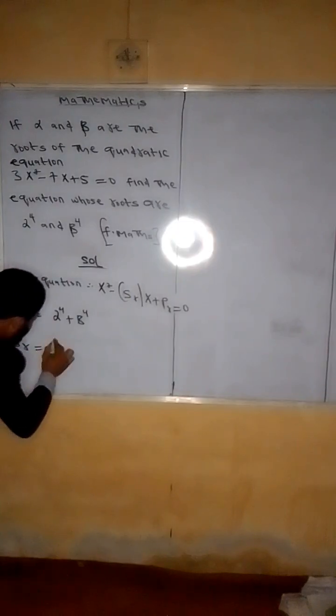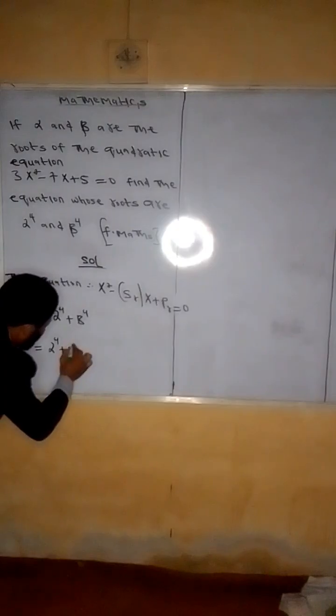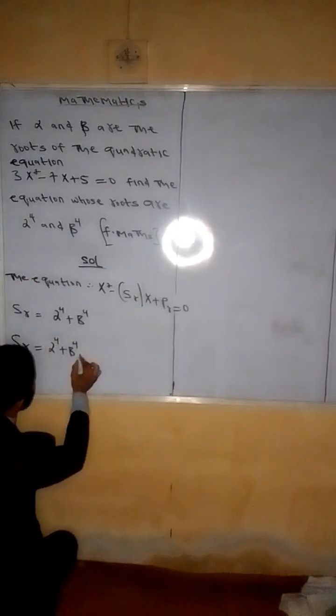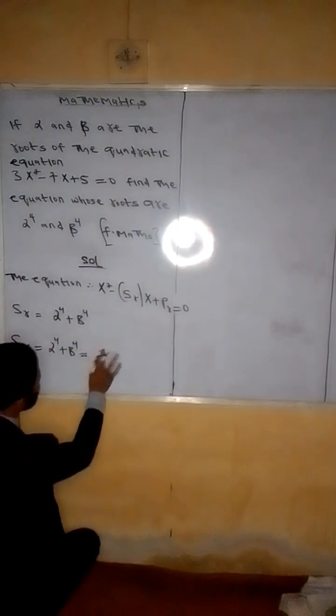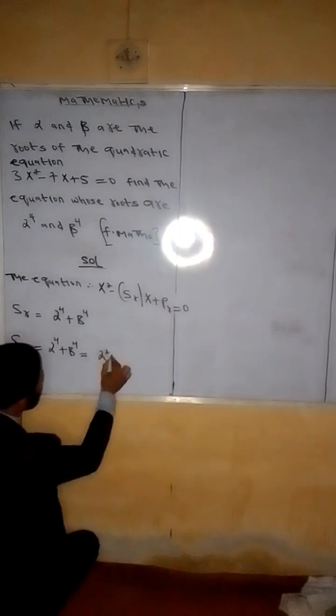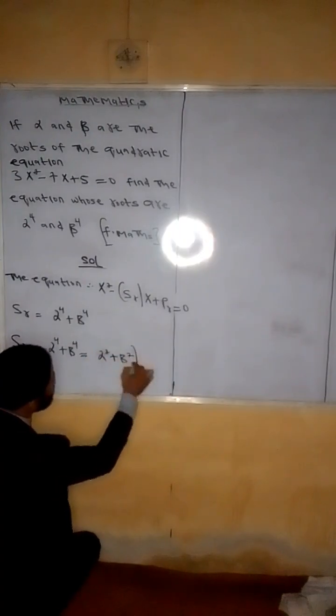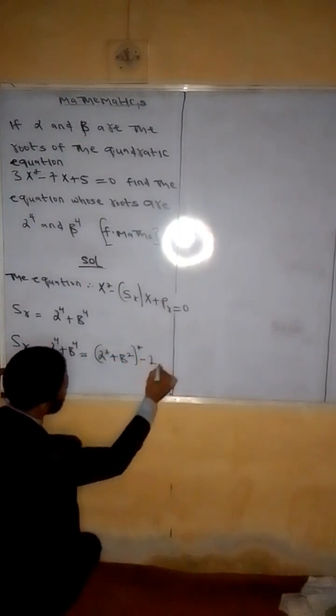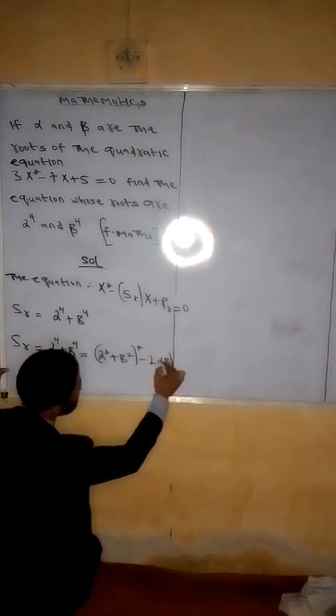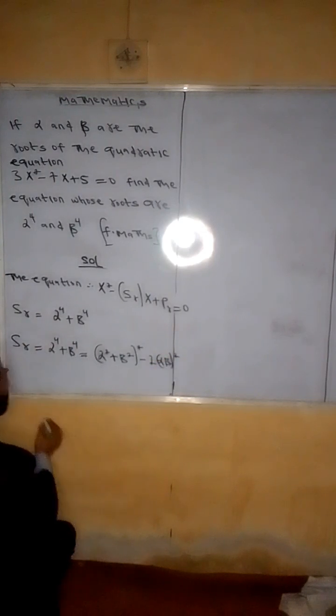the sum, which is alpha to the power 4 plus beta to the power 4, is still the same thing as alpha squared plus beta squared, all squared, minus 2 alpha beta all squared.